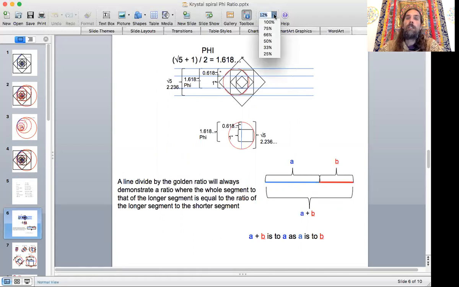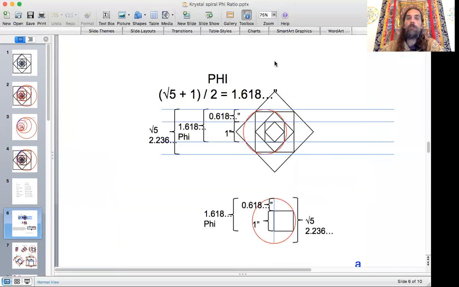When I was discovering the drawing method and figuring out how it would work out with these half arcs, these little segments of an arc here, I saw that the 1 inch square in relationship to the root 5 circle, when you go from the top of the circle to the top of the square, between these two blue lines here is 0.618. And then of course, when you add the 1 inch square to that, you have 1.618.